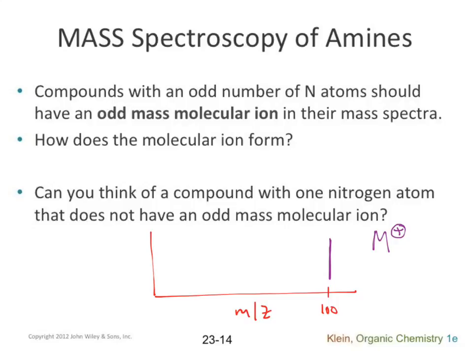It should show up with the largest mass. Why should it be the largest mass? Everything else is just fragments of it. Everything else decomposes and falls apart. So if we look for our signal furthest to the right in mass spec, that should be our molecular ion peak. A couple other things to watch out for.